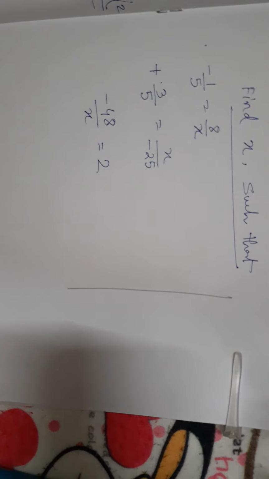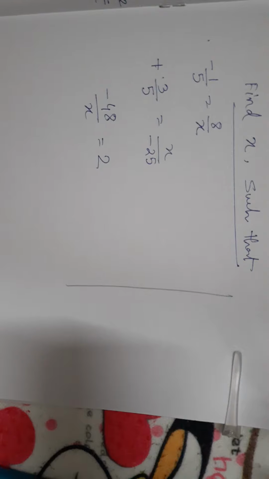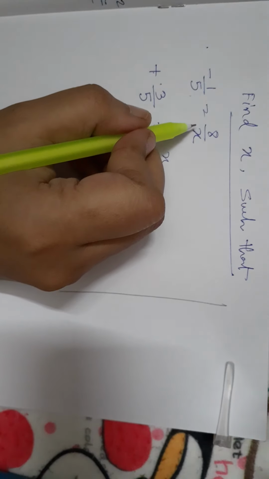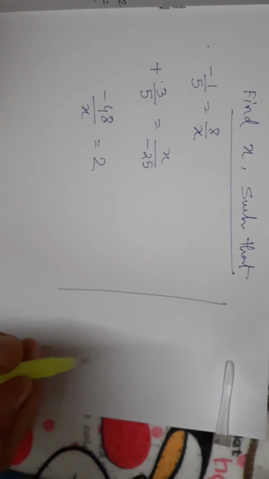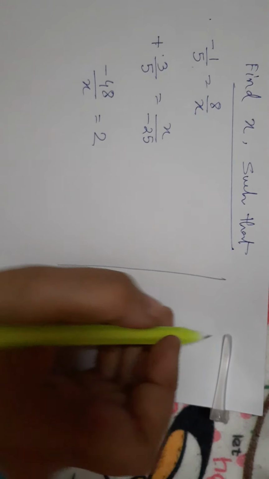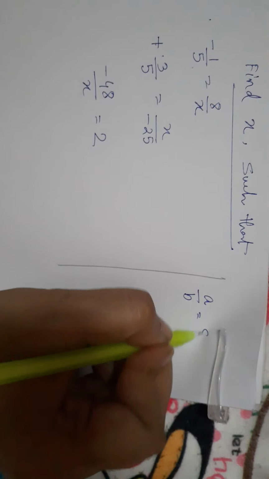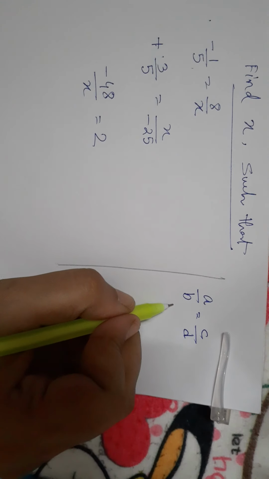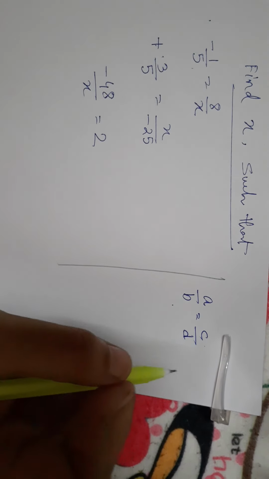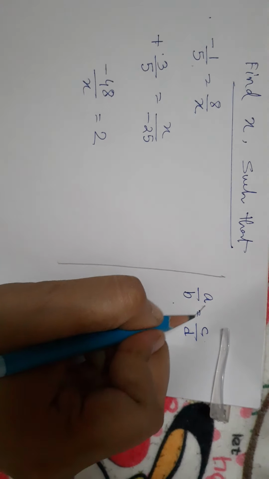Now let us find out the value of x such that the first condition is given, you can see minus 1 by 5 equal to 8 by x. So here to find the value of x, we have to do cross multiplication. So what is cross multiplication? If a by b equal to c by d, where a by b is a rational number and c by d is a rational number, then we can cross multiply these two things.